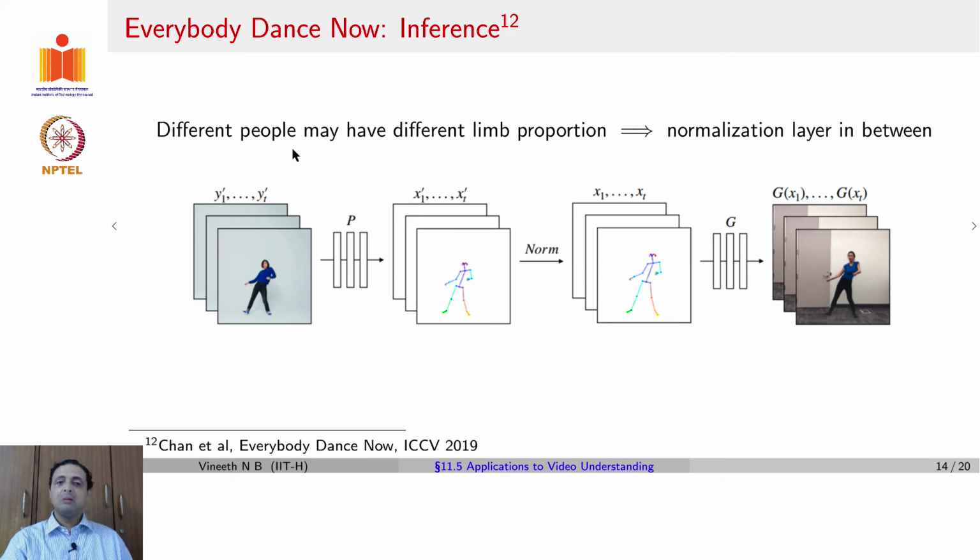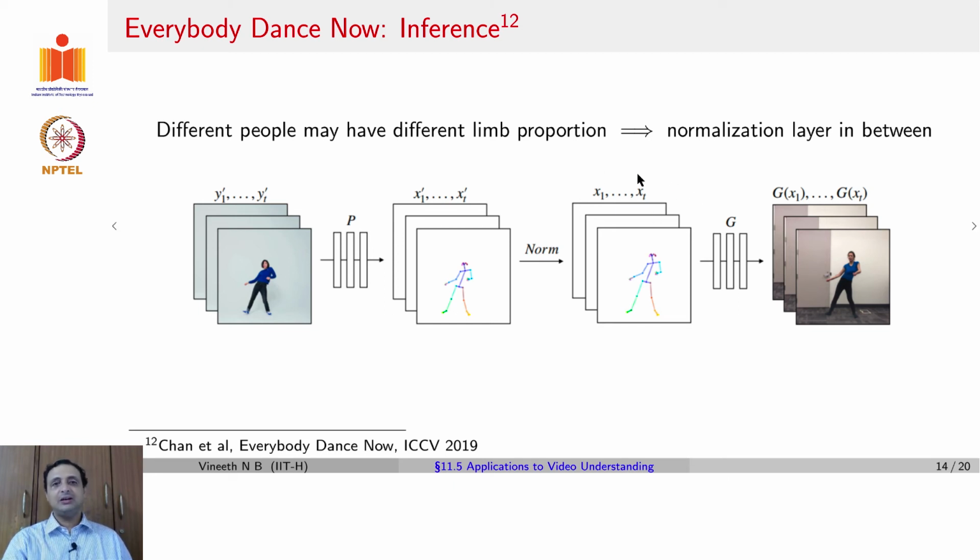So different people may have different limb proportions. So this normalization step moves the skeleton of the source person, that is the professional dancer, to the skeleton of the amateur dancer in terms of sizes and distances between the joints.